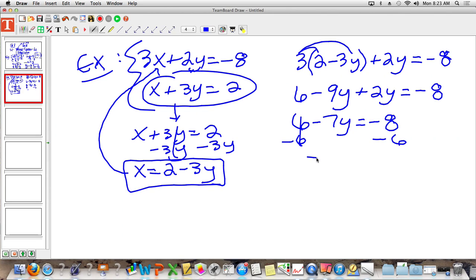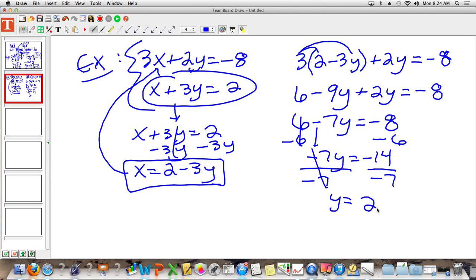Don't forget little things like the positives and the negatives, which students generally miss here and there. Don't forget to bring that negative down with the 7. So we have -7y is equal to -8 minus 6, which is -14, and then of course you divide both the left and the right by -7. So what is y? Y is -14 divided by -7, which is a positive 2. So y is equal to 2.